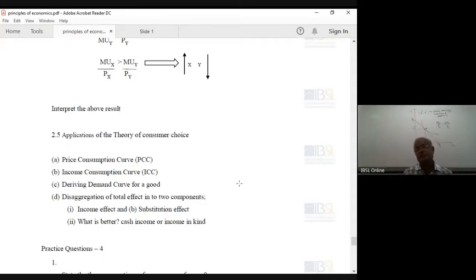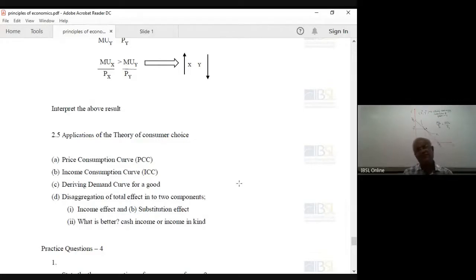These are microeconomic policies. What is better? Answer me. What do you prefer? Getting cash income or some kind of income in kind? In the morning, getting pocket money of 100 rupees, or two hot dogs. You can eat two hot dogs. What is better, cash income or income in kind?